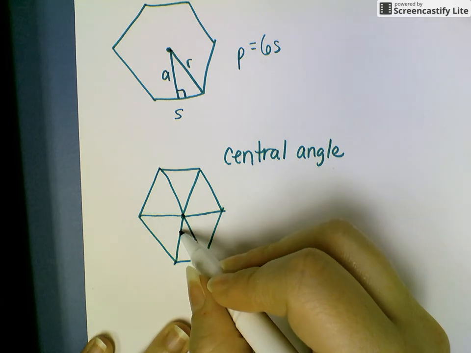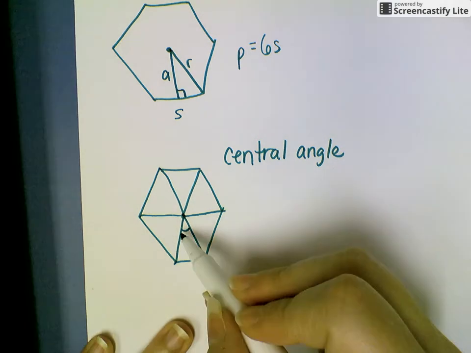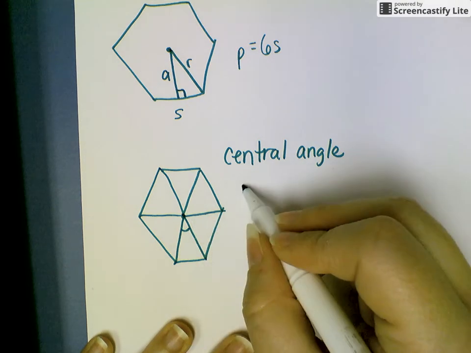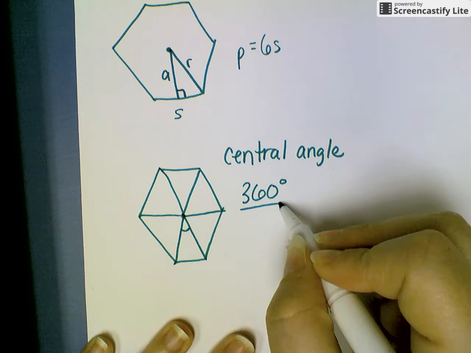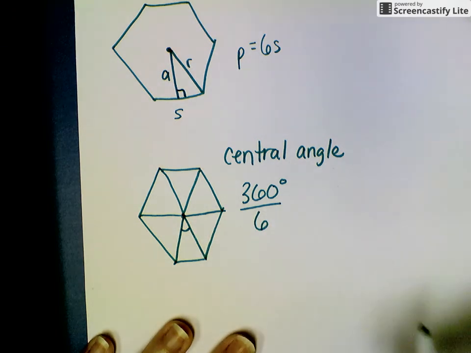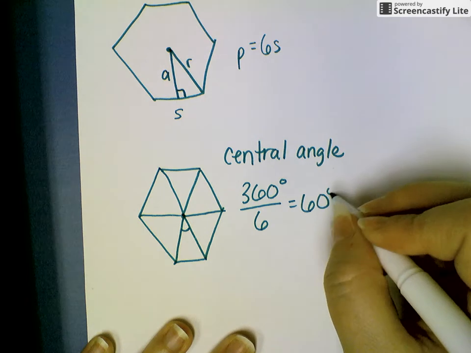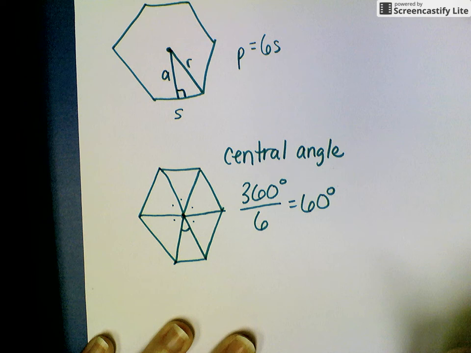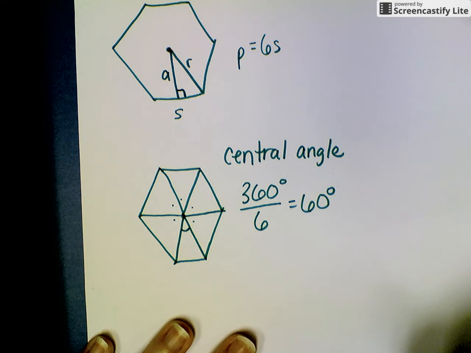And if I'm looking for a central angle, it's one of those angles, and they would all be the same. So I know this would make a circle, which would be 360 degrees, but I'm dividing that among 6 congruent triangles. So that means that each of these central angles would be 60 degrees.